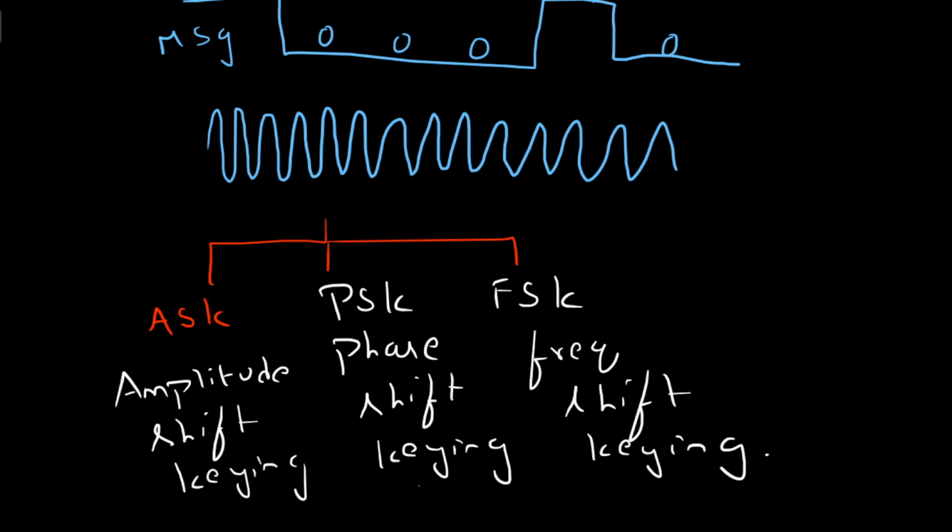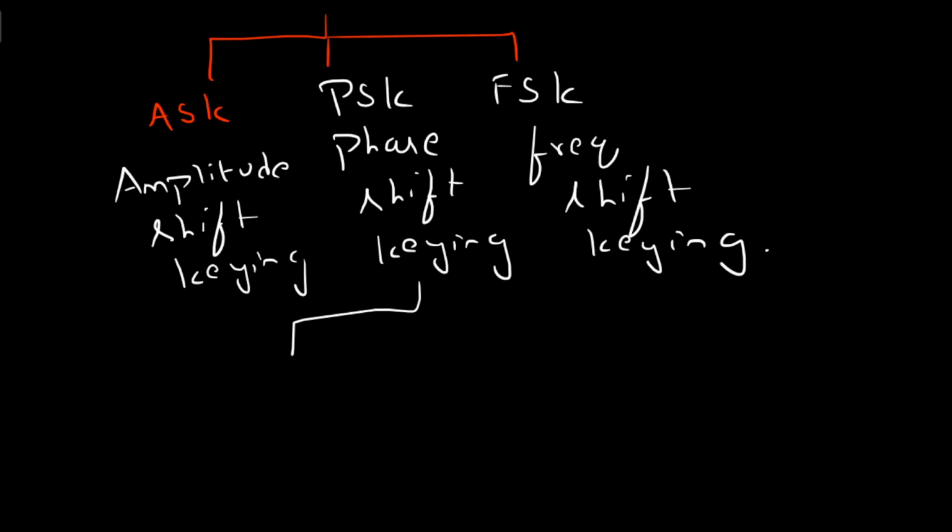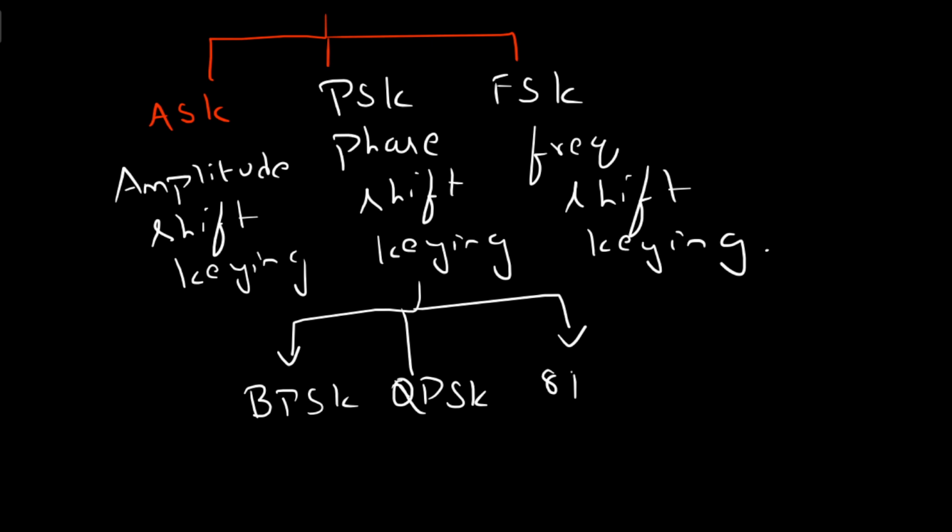Again, this PSK can be classified into a few more types: binary PSK, quadrature PSK, and next 8 PSK. If you want more values, you can write it as M-ary PSK.